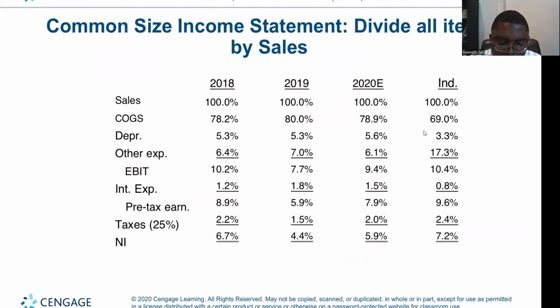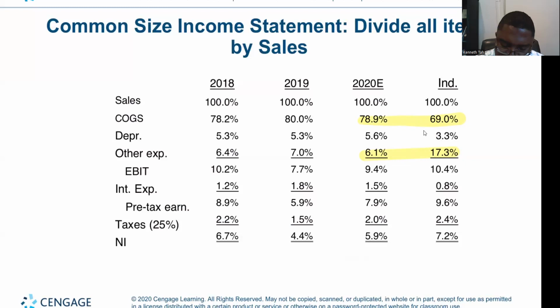So we can look at something like the cost of goods sold. What we find is that the company has a higher cost of goods sold. Something like other expenses, we can find that the company tends to have lower other costs.